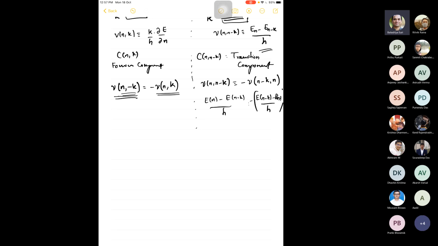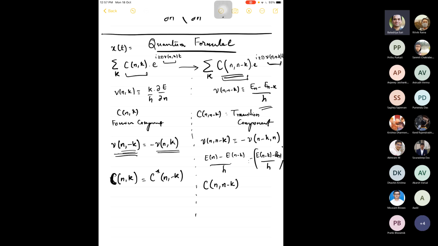Now, classically, C of n comma k is C star of n minus k. Again, this is from the reality condition, right? So what does this correspond to quantum theoretically? C of n minus k. Okay. Again, just to avoid confusion in the notation, I'm going to call it CQ here, which is the quantum.